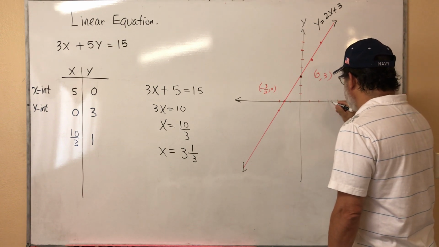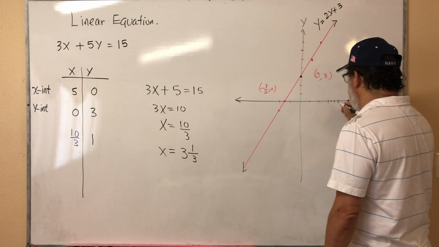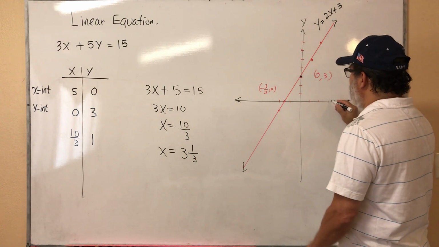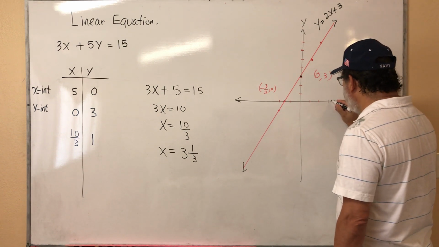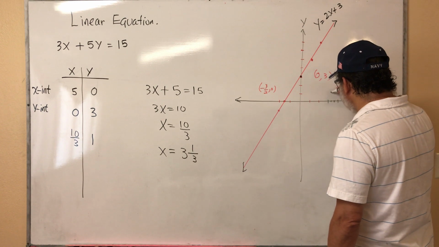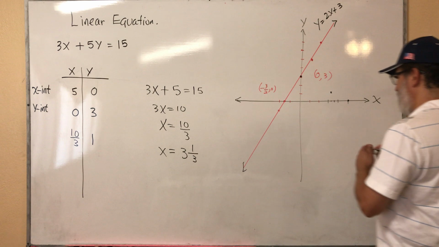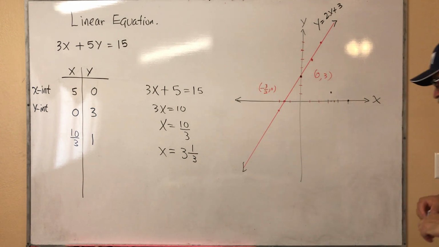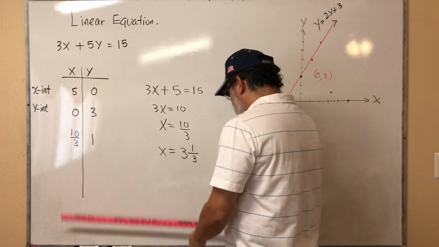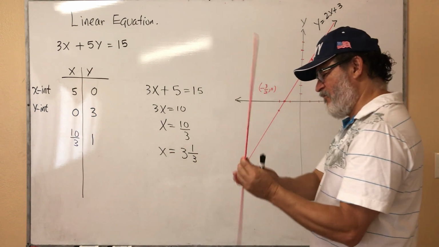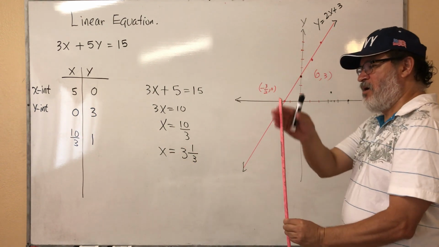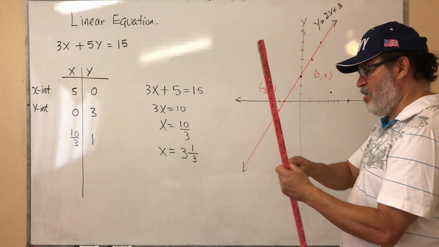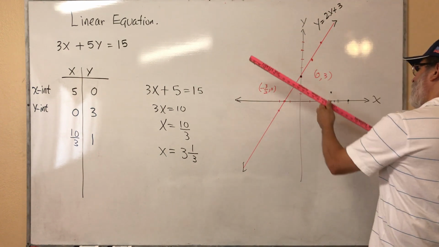This is 1/3, 2/3, and then 4. So 3 1/3, and then move up 1 unit. You see the 3 points? They line up. All we have to do now is graph. We can graph it now.